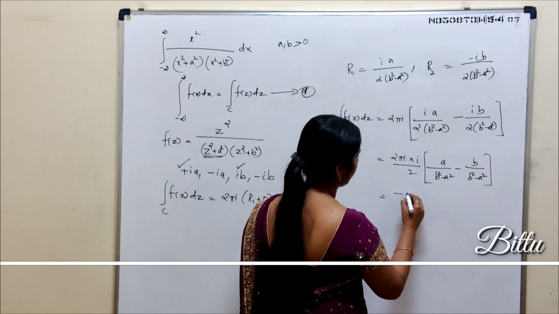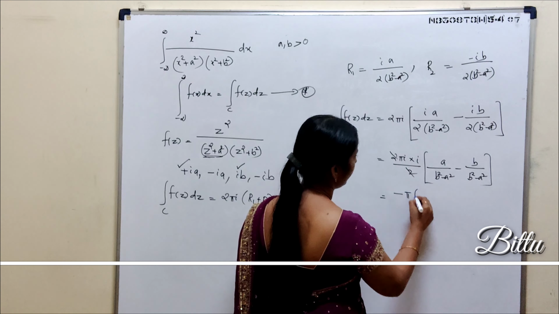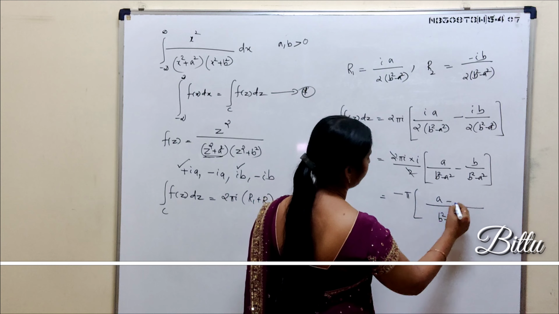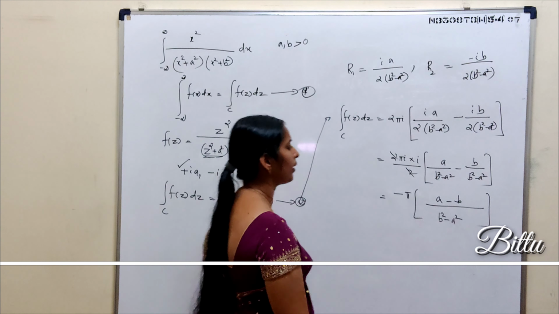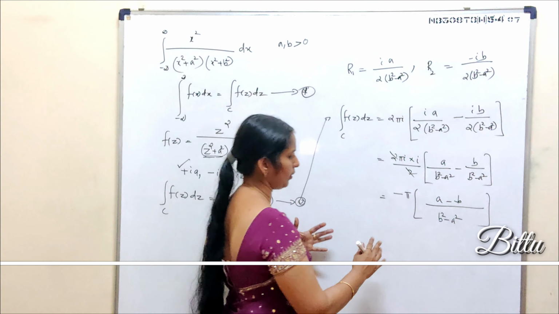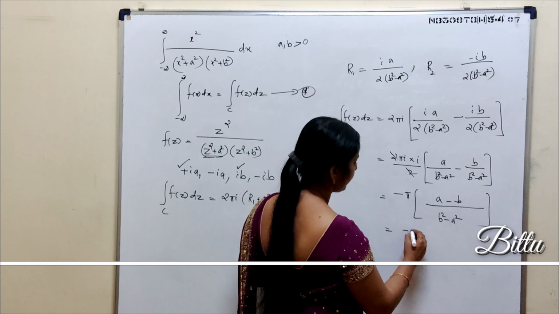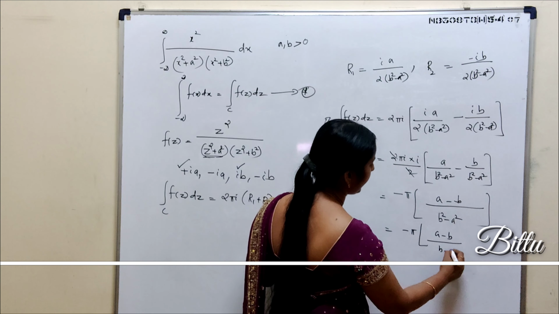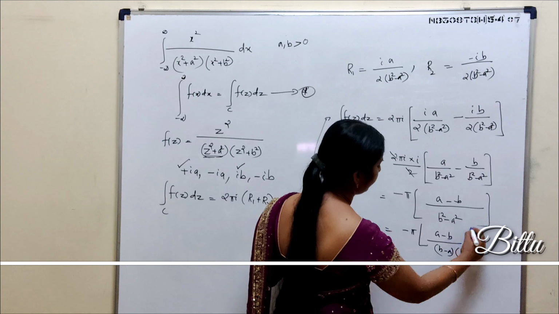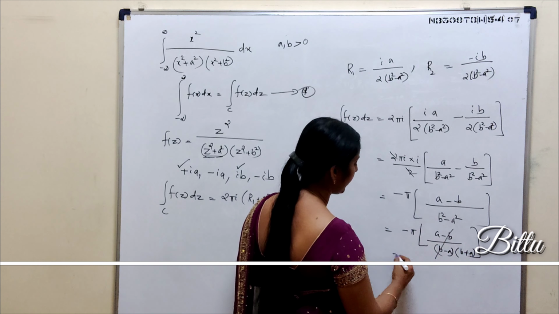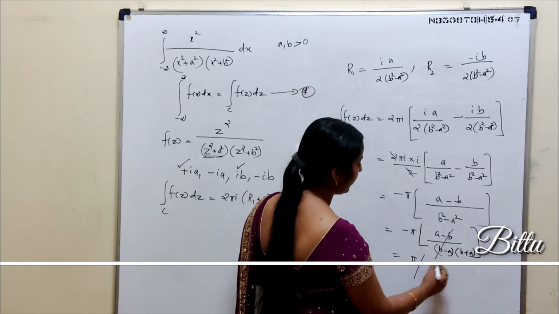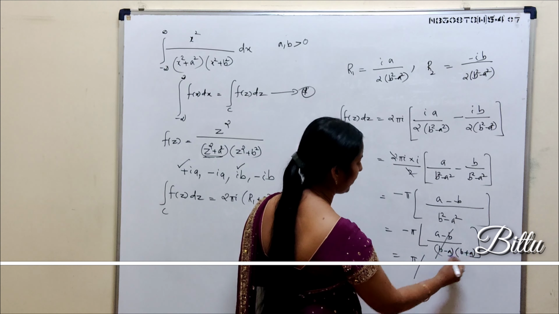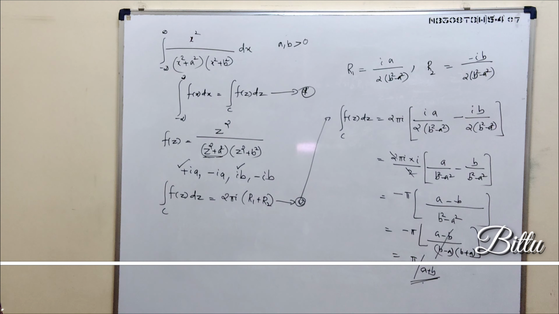It is minus pi into, there is no need of taking the LCM, we have the same denominator. It is minus pi into (a minus b) by (b minus a) into (b plus a). So this will cancel with the negative sign. So it is pi by (b plus a), that is a plus b. So integral over c f(z) dz is pi by (a plus b).